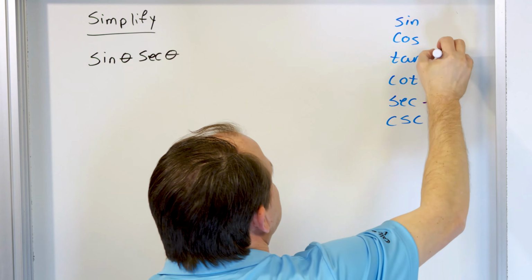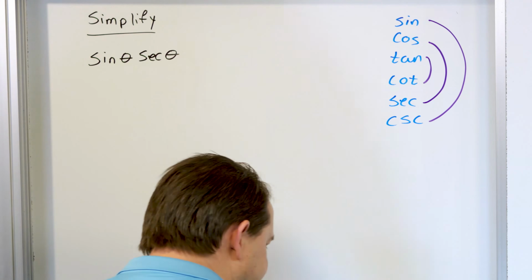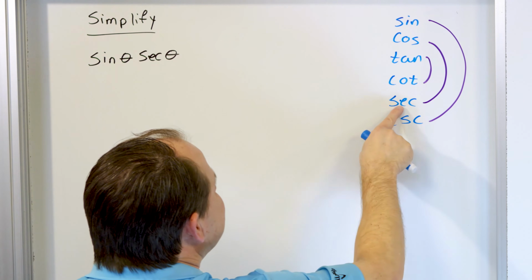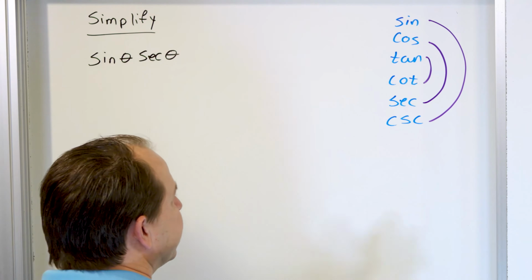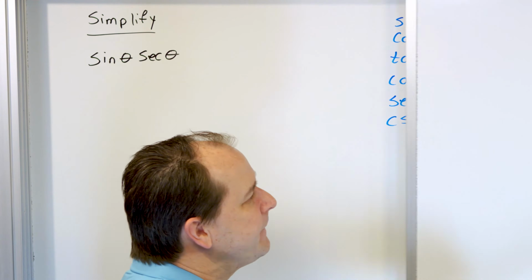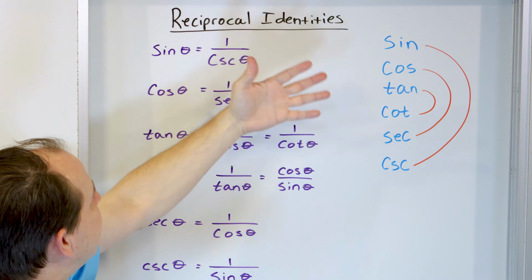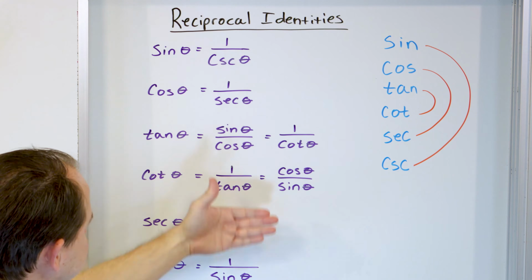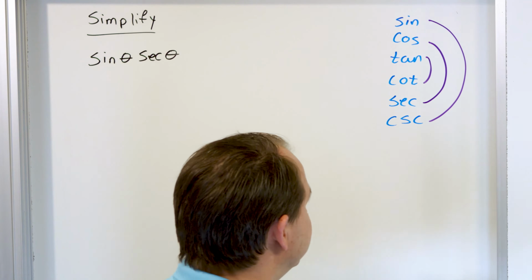The secant goes with the cosine. The other ones are joined up like this as well. And what this tells me is that the secant is equal to 1 over the cosine. The cosine is also equal to 1 over the secant. So this rainbow is basically an easy way to remember all of these identities. And so that's the way I want to tell you to do that.